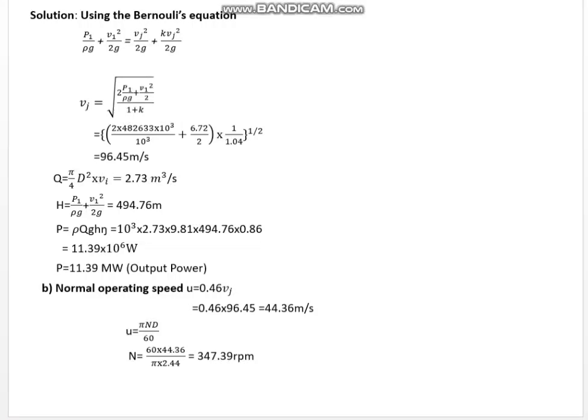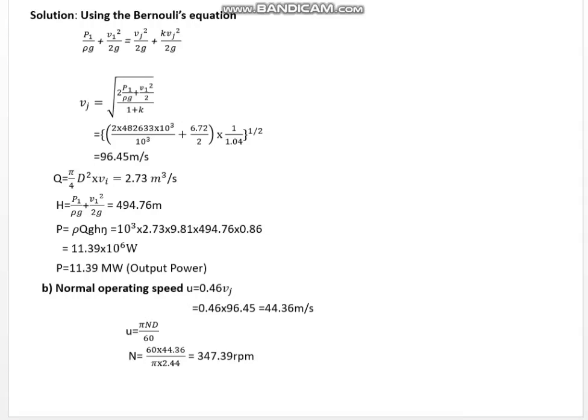For head, the formula is P1 by rho g plus V1 square by 2g. Energy difference will be the same, so by doing the calculation, we found head is equal to 494.76 meter.